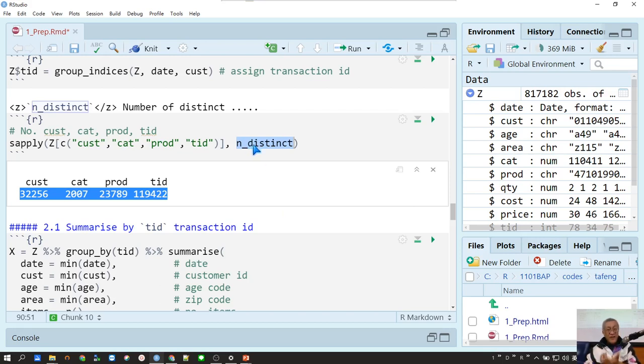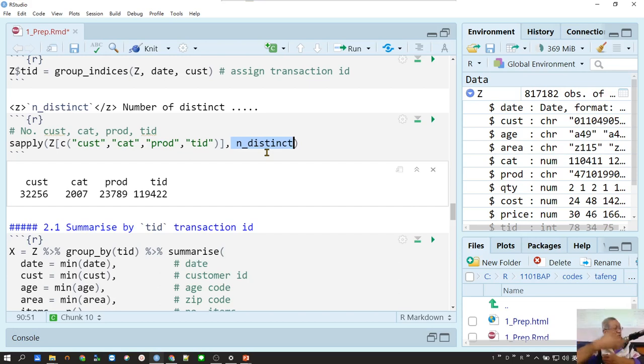When I apply n-distinct to customer, what does the number mean? The number of customers. Yeah, the number of distinct customers in this data set, because this n-distinct function is counting the number of distinct values in that column.